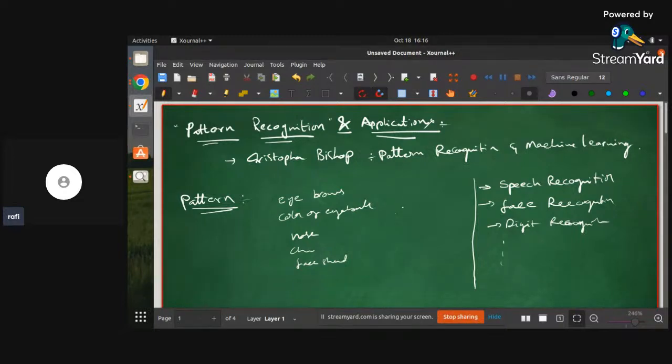So all these characteristics together are helpful to identify the person's face.